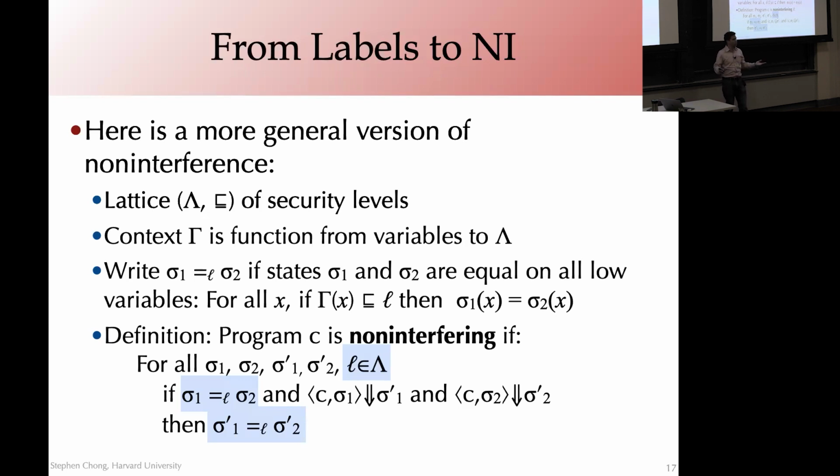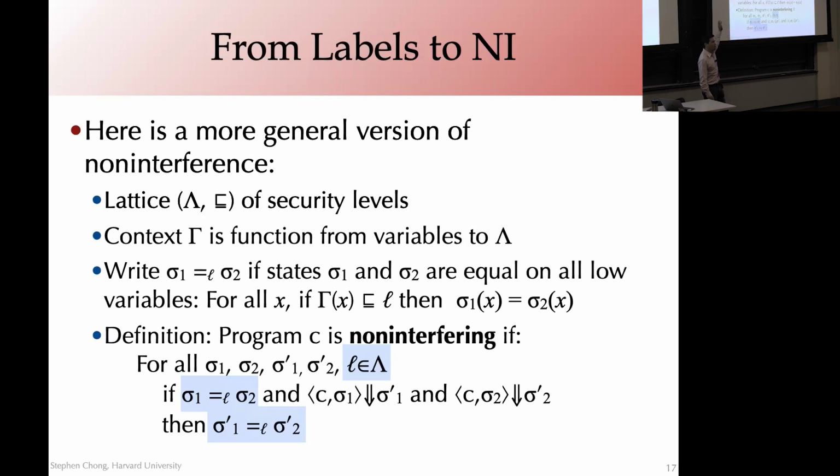This is the same kind of thing you see with a type system for type safety, for making sure that a program doesn't get stuck. You could write lots of programs that are not well typed, but do not get stuck. But the type system is conservative and rules them out. In general, that's what happens with a lot of program analyses and enforcement mechanisms: they conservatively enforce the thing that we actually care about.